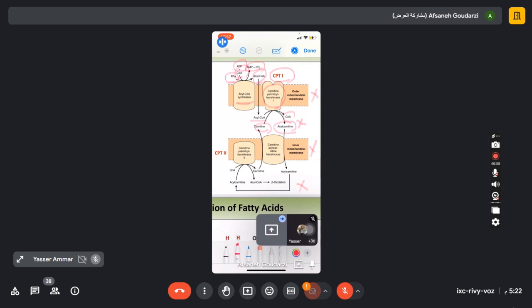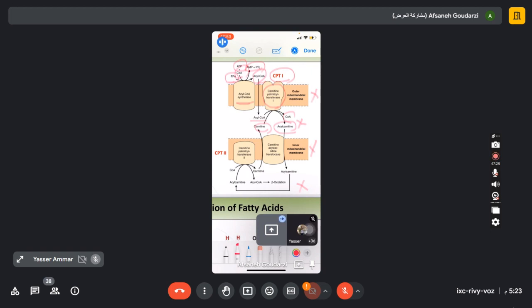Then we produce acyl-carnitine. What did we do so far? So far, we could change FFA to acyl-CoA. Acyl-CoA entered the space between the two membranes of the mitochondria. Here, CPT1 changed acyl-CoA to acyl-carnitine. It removed the CoA part and added carnitine to the acyl part.